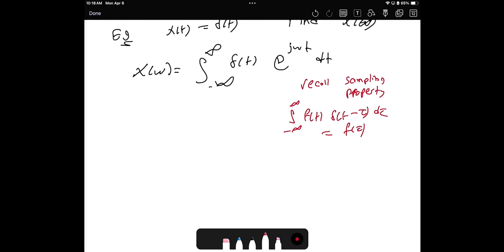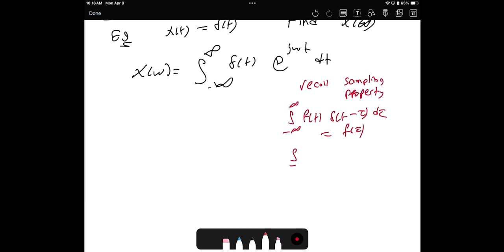Or when we have the integral of f of t delta of t dt, this is equal to f of 0.